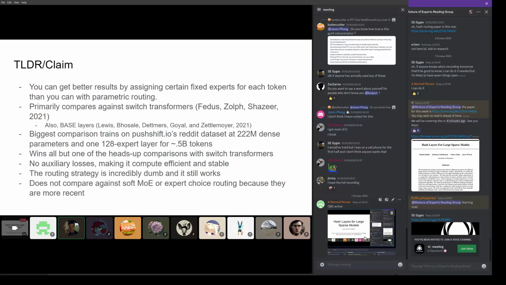There's a very brief comparison against base layers. But for the most part, all of the one-to-one comparisons are against their implementation of switch transformers. The biggest comparison is on Reddit data. They're very vague about the difference between dense and sparse parameters, but I believe the model is always a 222 million dense model that they have added experts to.